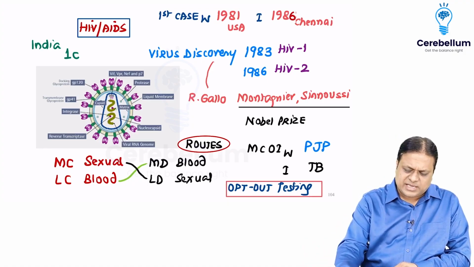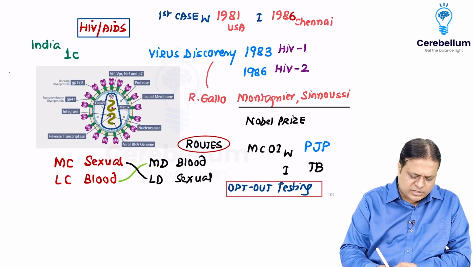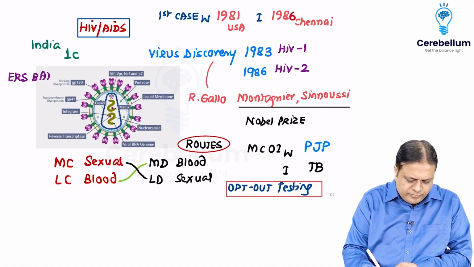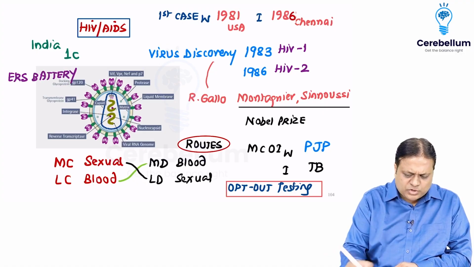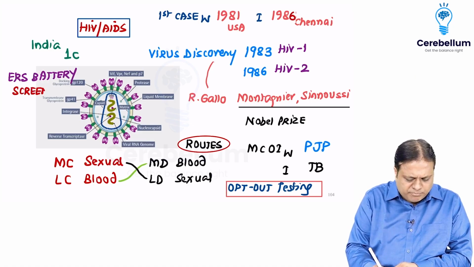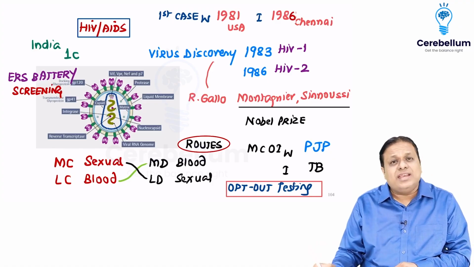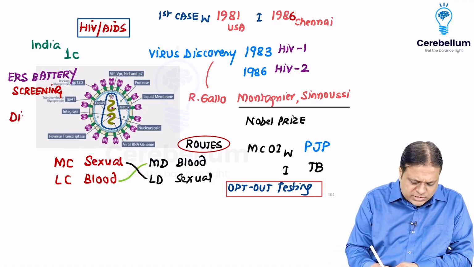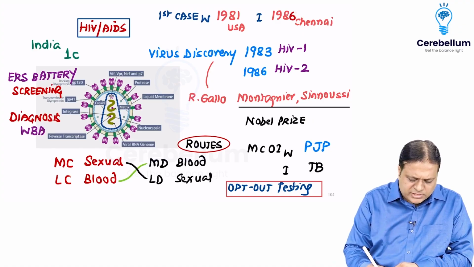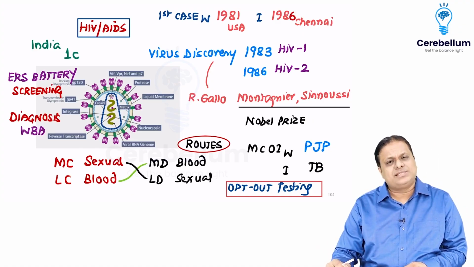This disease has 3 screening tests together known as ERS battery. This is a combination of 3 tests: ELISA, rapid, simple. Once screening is done, a diagnosis is confirmed in the Indian program by Western blot assay, which is a protein based test.